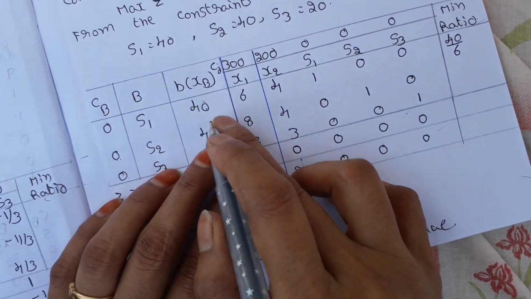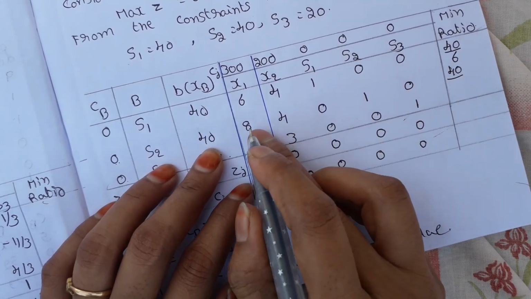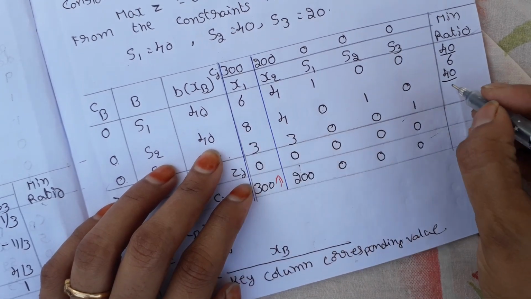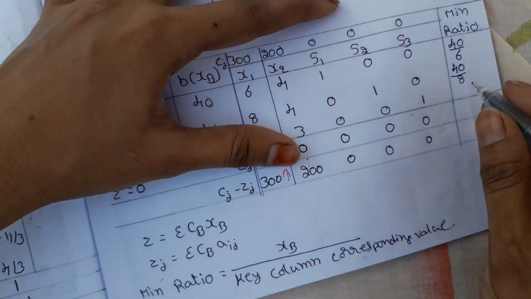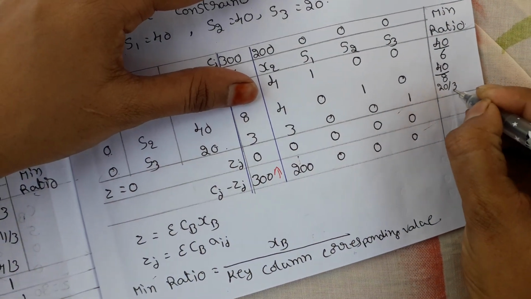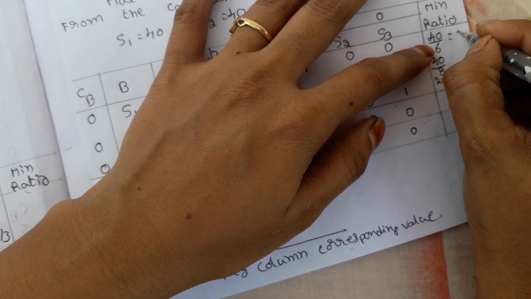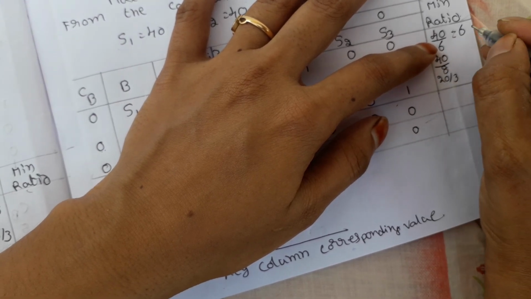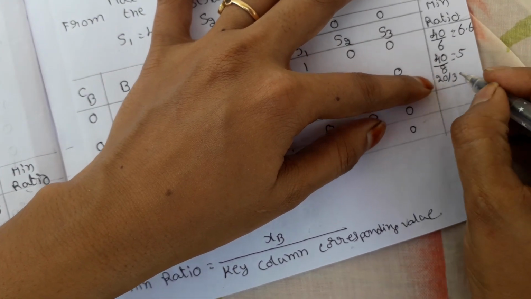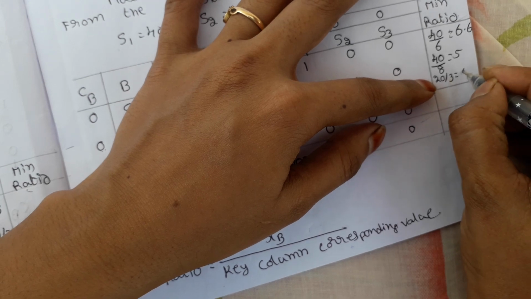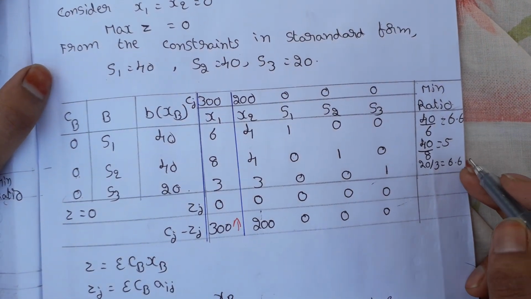Another one, the second row xb value is again 40, so 40 divided by the corresponding key column value, which is 8. 40 by 8. Last one is 20 divided by 3. So if we calculate, here we get 6 sixes are 36, so 6.6, but here 8 fives are 40, so 5, here 3 sixes are 18, so 6.666.